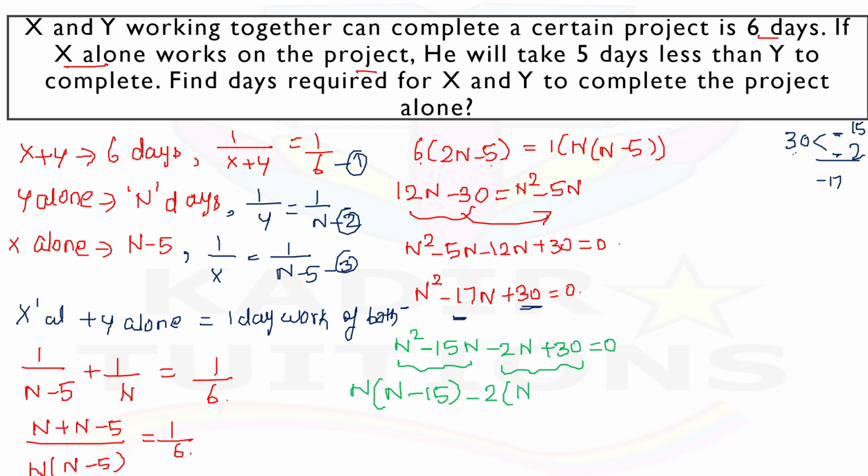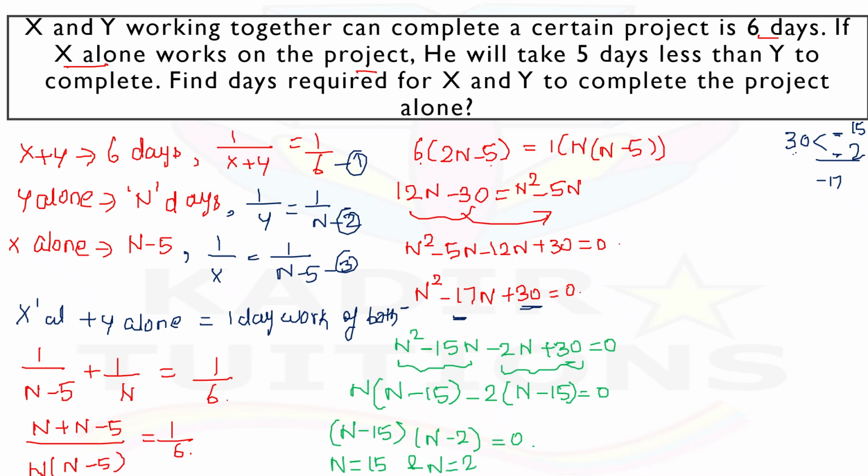The leftover term is n, and in plus 30 I already took minus 2, so the remaining is minus 15, equal to 0. Now we can take n minus 15 in common, and the remaining is n minus 2 equal to 0. So now we got the answer as n equal to 15 and n equal to 2.